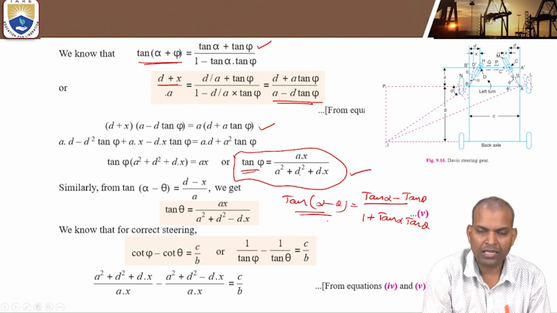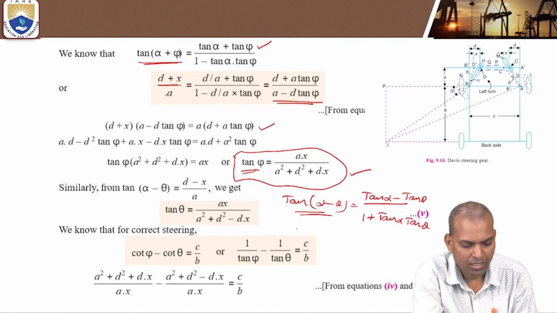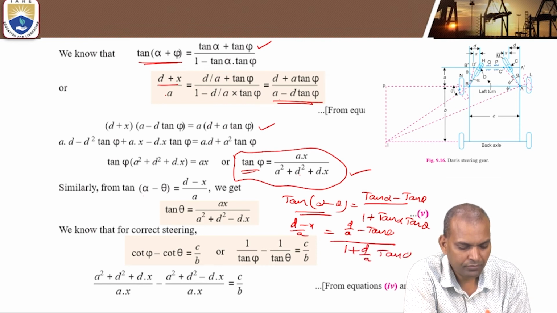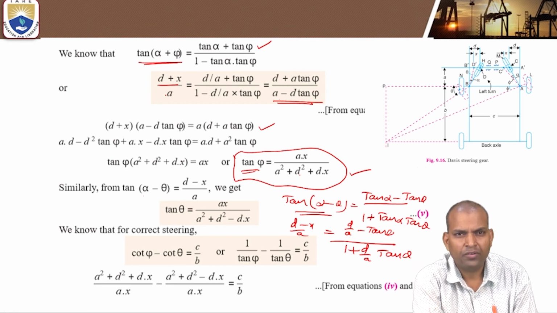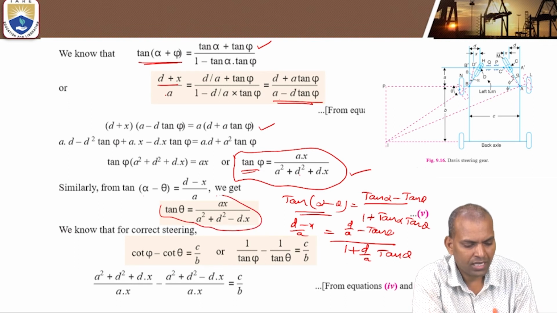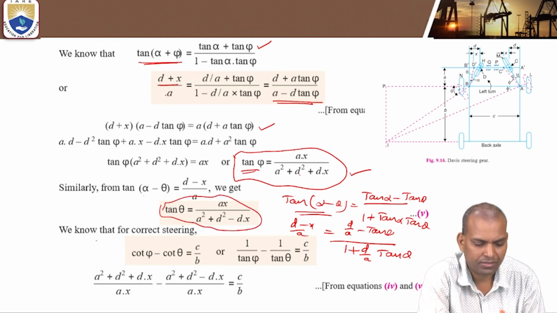We got to know tan alpha minus theta is d minus x by a. What is tan alpha? D by a. So d minus x by a equals d by a minus tan theta by 1 plus d by a tan theta. After following the same procedure and simplifying, we can know the value of tan theta. The tan theta equals ax by a square plus d square minus dx.